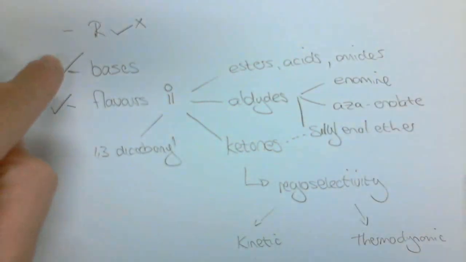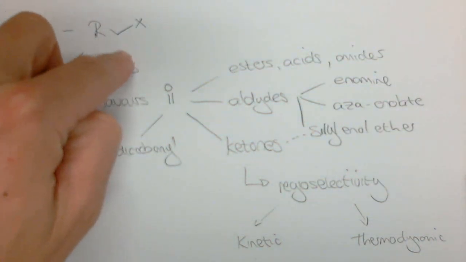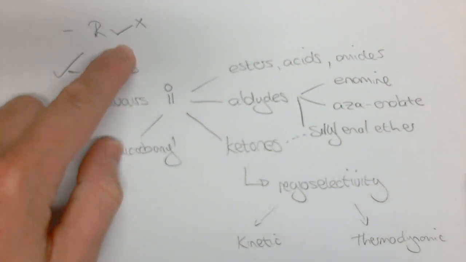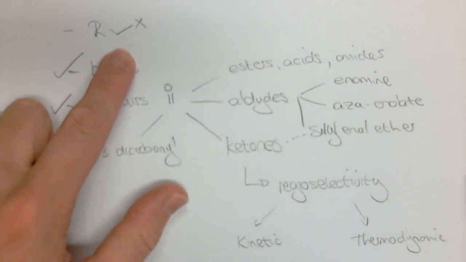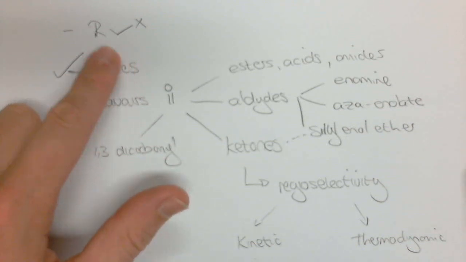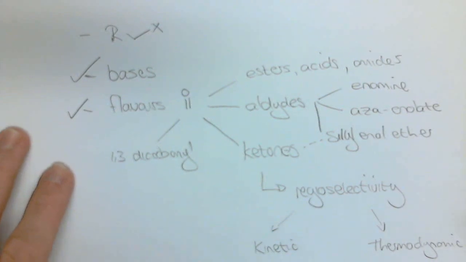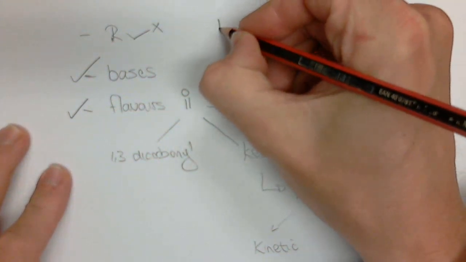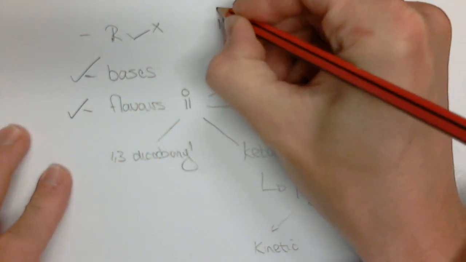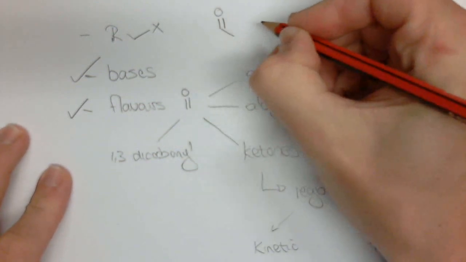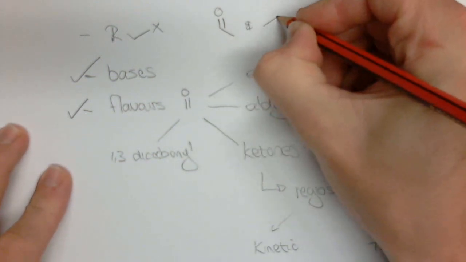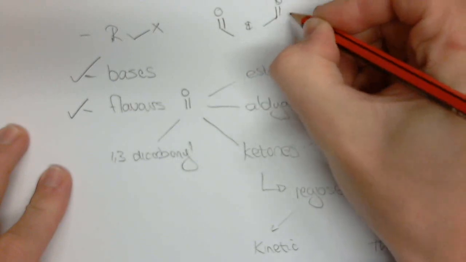Everything else is going to be revolving around the different types of electrophile, and with that there are another two large classes of electrophiles that we're going to be looking at. The one is the aldehyde and ketone class.